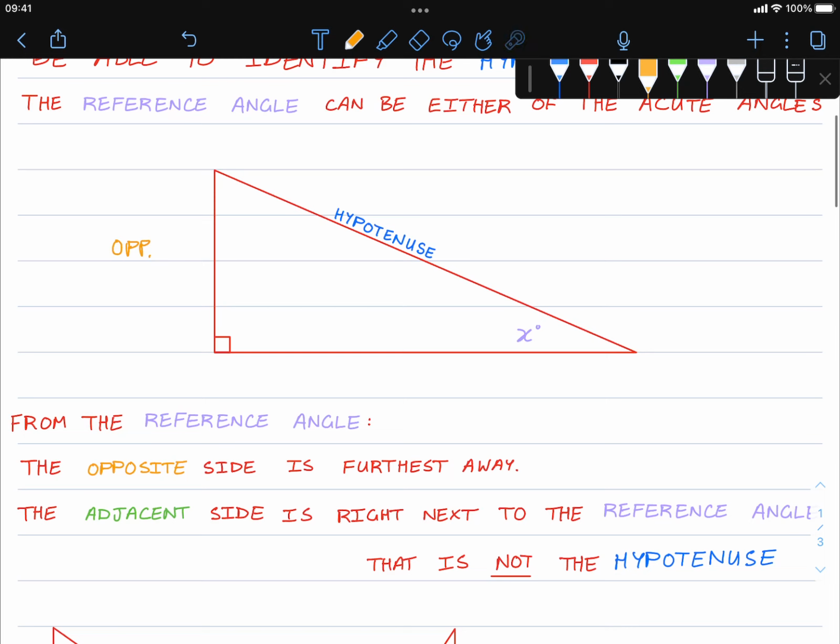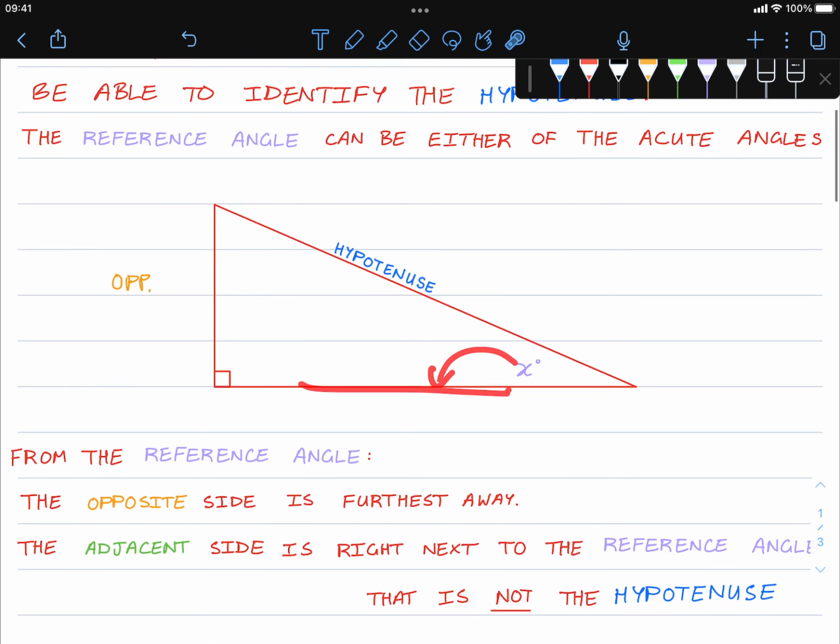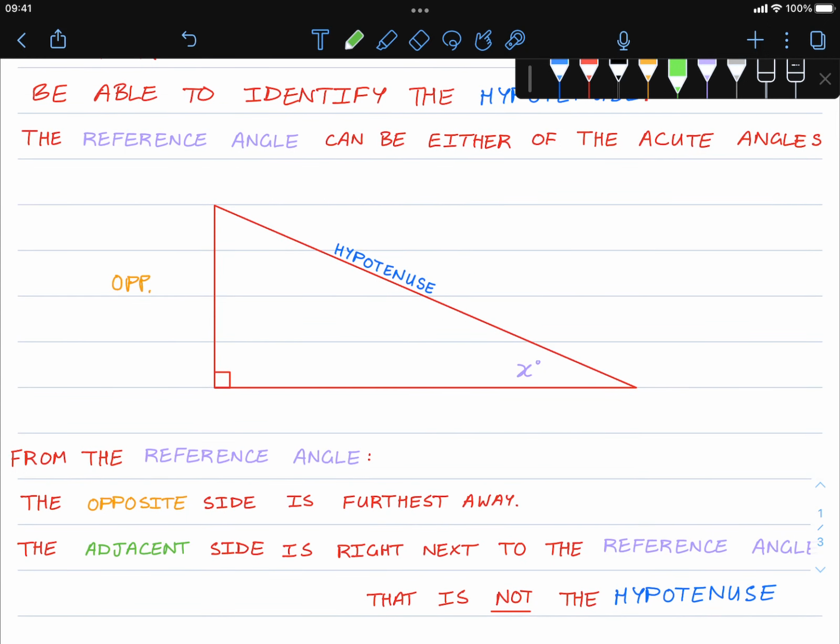The side next to the reference angle that's not the hypotenuse is the adjacent side. From the reference angle, there are two sides that are right beside it: the hypotenuse and the other side. It's this other side that will now be considered the adjacent side.